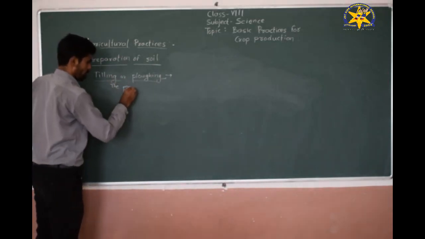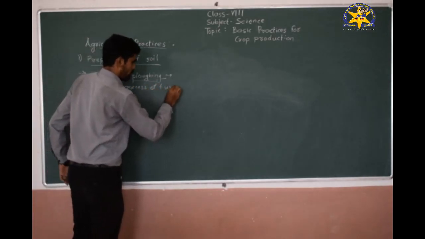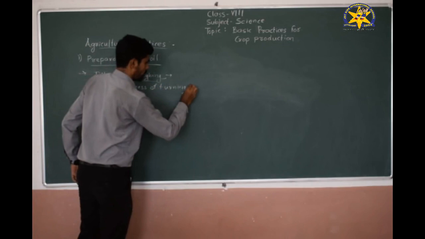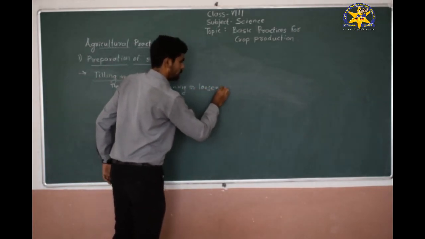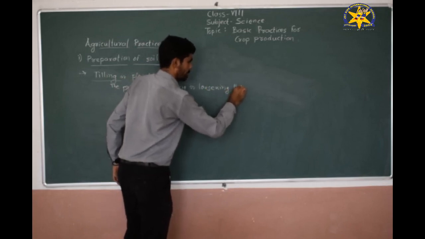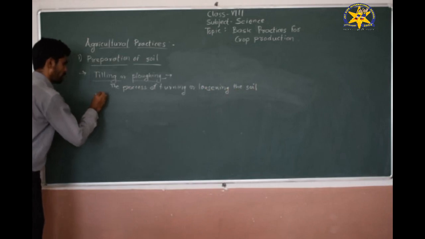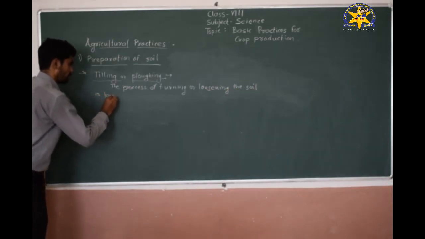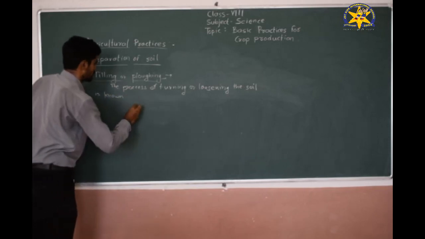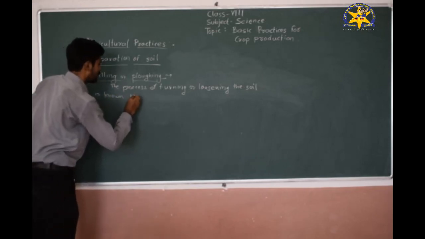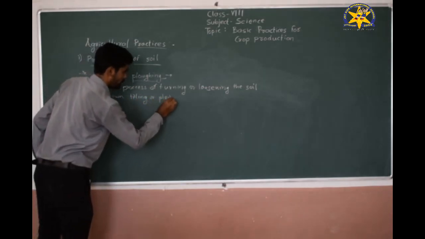The process of turning or loosening the soil by using a plow is known as tilling or plowing.